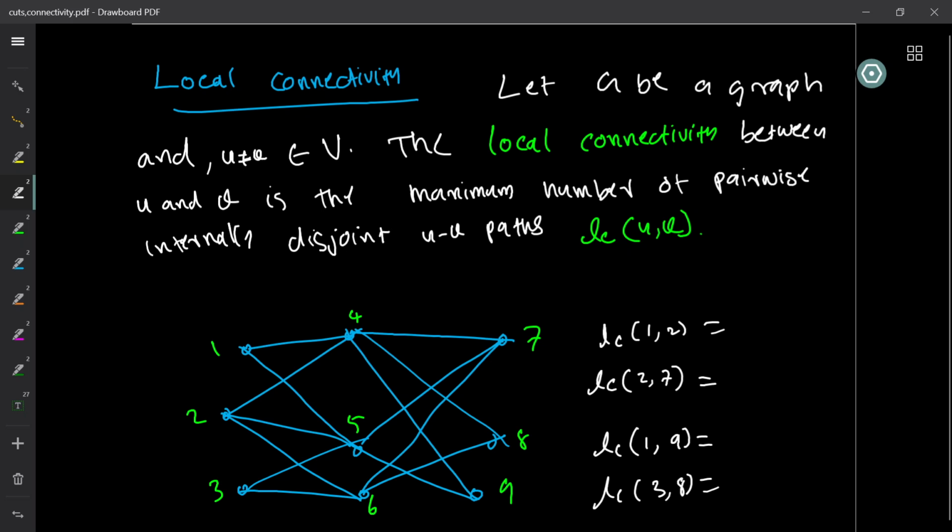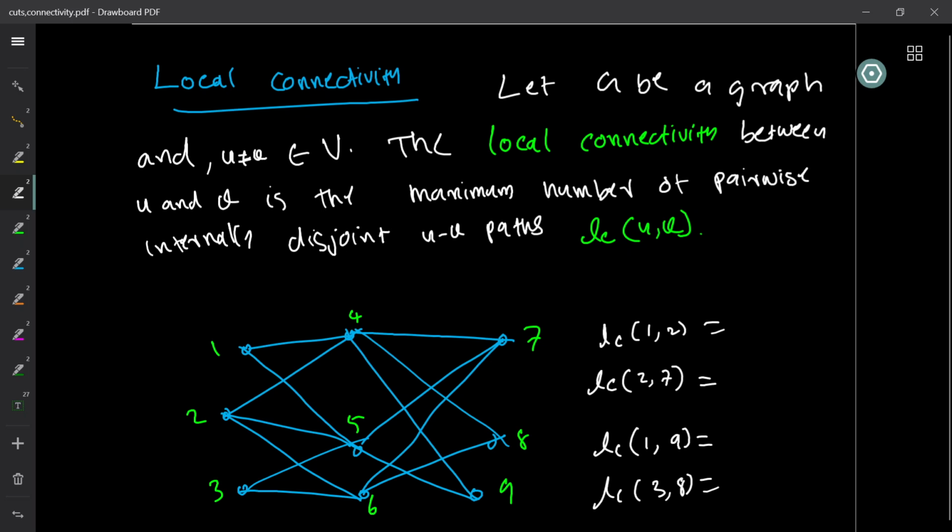In some sense that makes sense: you have two vertices, you have several paths between them, and they are internally disjoint, which means that they become more and more robustly well connected. So that's the connectivity between pairs of vertices.